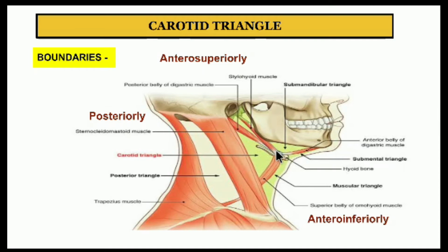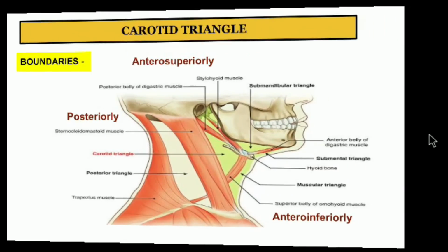In this triangle, you need to learn that the antero-superior border is formed by the posterior belly of digastric muscle and stylohyoid muscle, and the antero-inferior border is formed by the superior belly of omohyoid muscle, and the posterior border is formed by the anterior border of the sternocleidomastoid muscle.